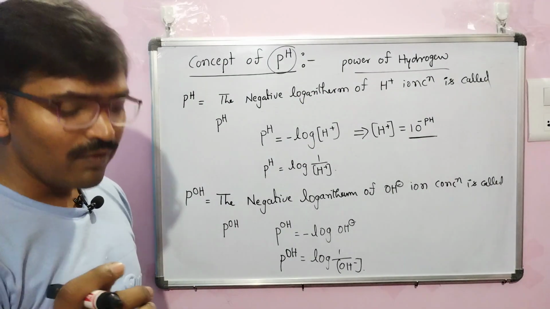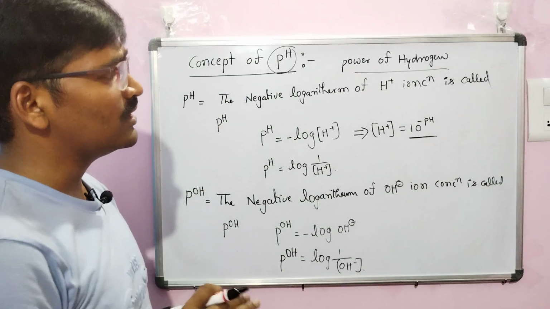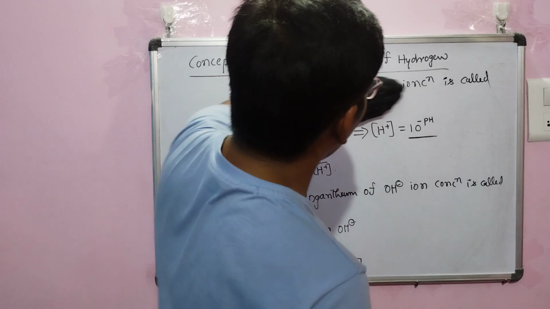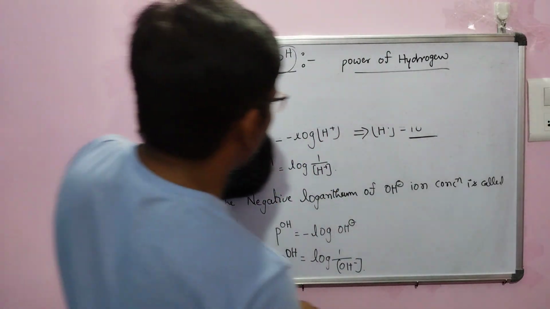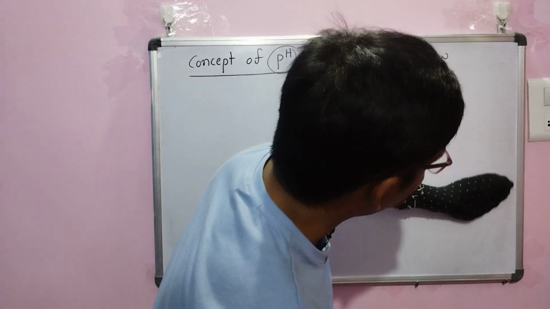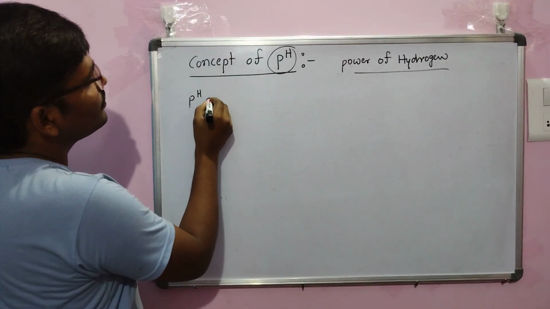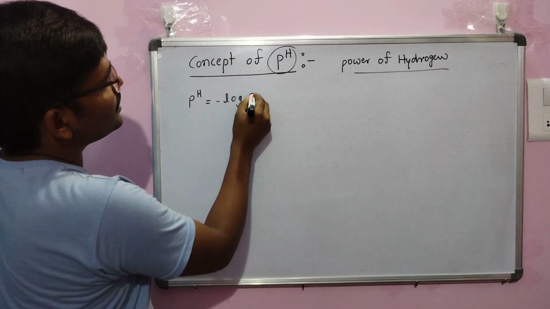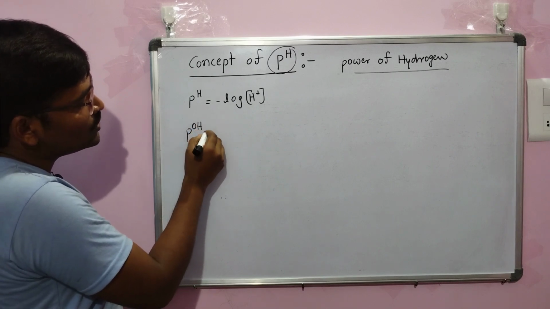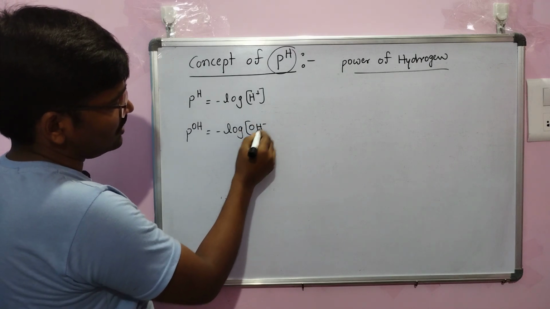Then we will see the pH values for different solutions. Before that, pH is the negative logarithm of hydrogen ion concentration, and pOH is the negative logarithm of OH minus ion concentration. So pH equals minus log H plus ion concentration, and pOH equals minus log OH minus ion concentration.